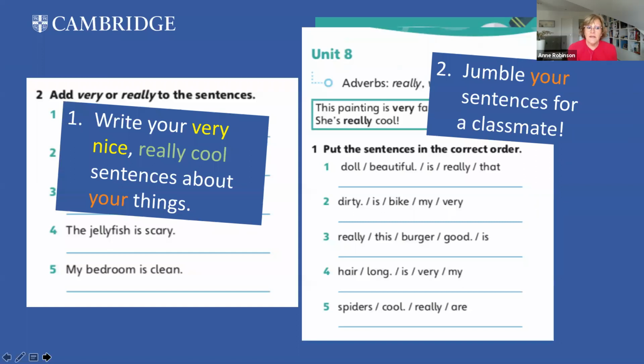And once they've written their sentences, they could then create a challenge for their classmates, and they can jumble their sentences like the first exercise we saw and give them to one of their classmates to put back in the correct order.